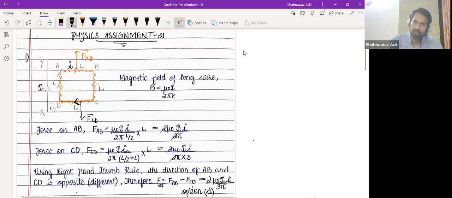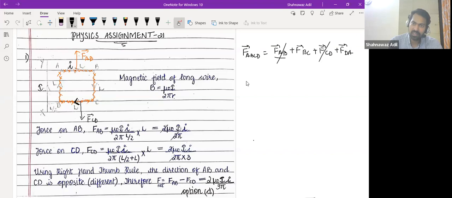Okay, so the total force on this current carrying ABCD loop would be FAB plus FBC plus FCD plus FDA. You already know that FAB and FCD cancel out, because FAB and FCD are equal and opposite.